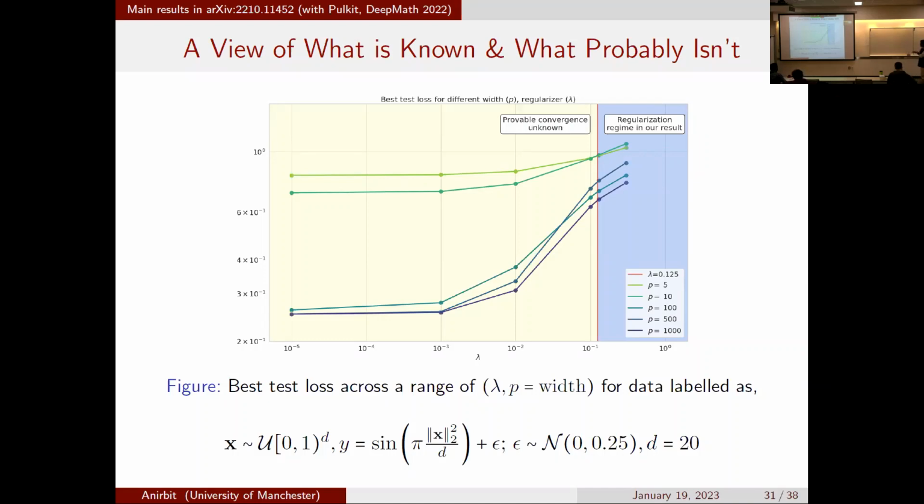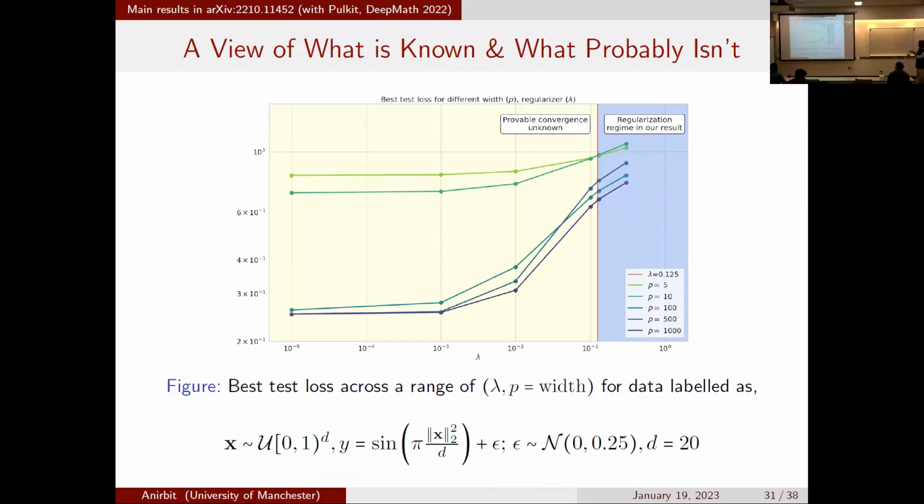What you see in this plot is the y-axis is the best test loss attained by the neural network, where the x-axis is the value of the regularization. So I'm varying the regularization value here, at least for 5 orders of magnitude. And the various colors of the graph are for different widths of the net.